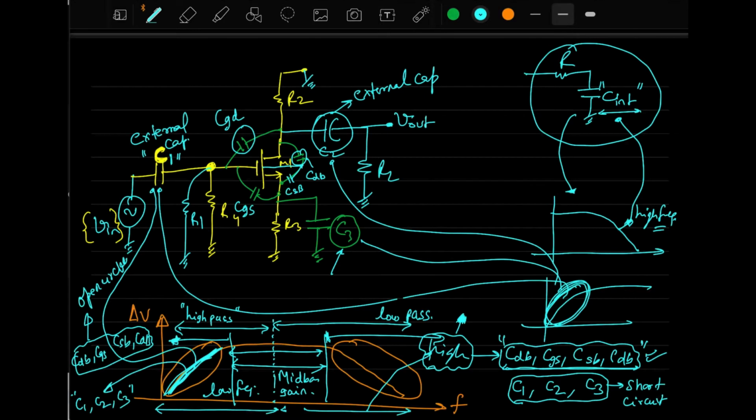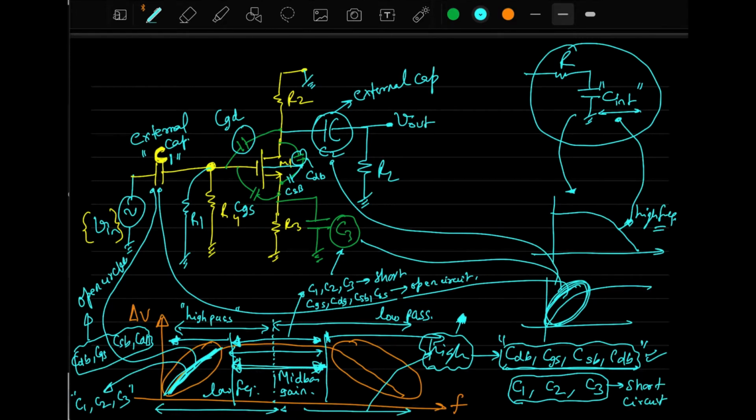In the midband region, C1, C2, C3, all the externally applied capacitances, are short circuit, and the internal capacitances CGS, CGD, CSB, CBS are all open circuit. That region is called the midband region.